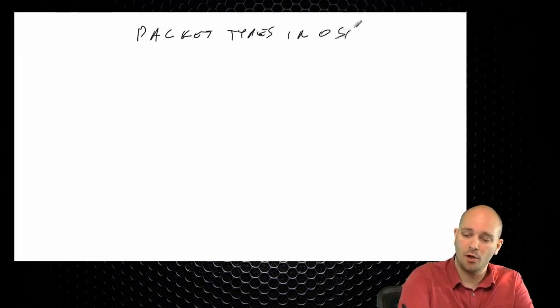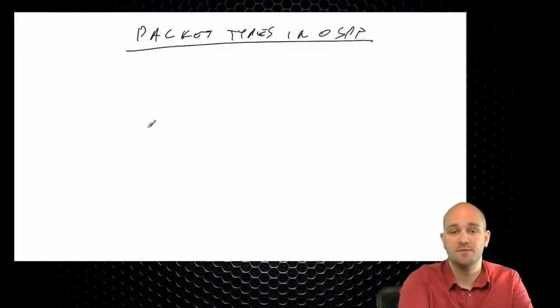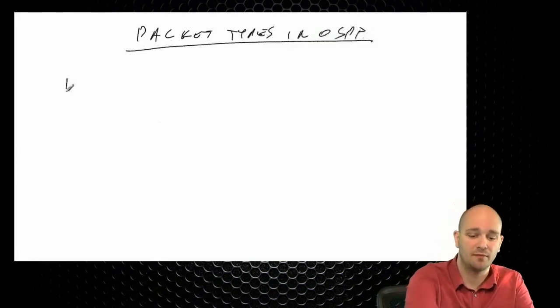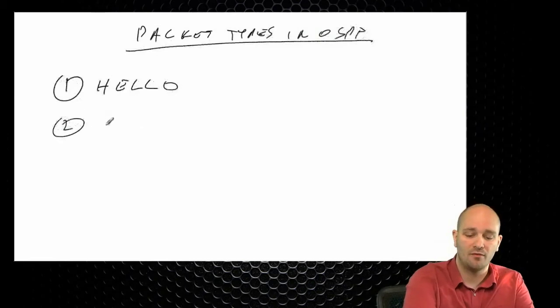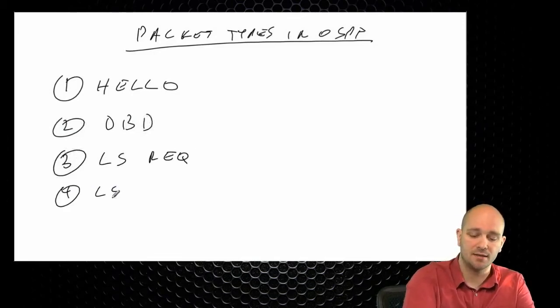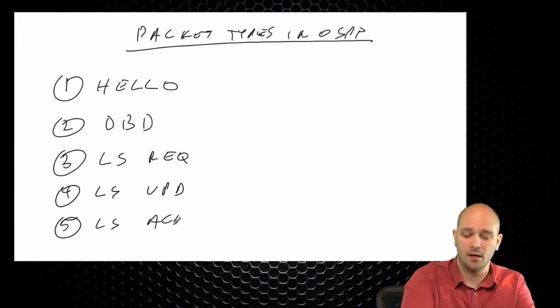So if we take a look at what we talked about so far, there are 5 types of packets in OSPF. We have hello, we have database descriptors, DBD, we have a link state request, we have a link state update, and we have a link state acknowledgement.